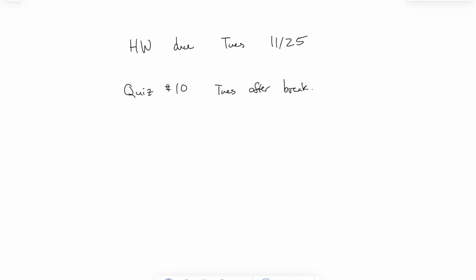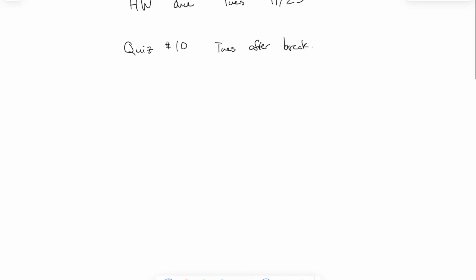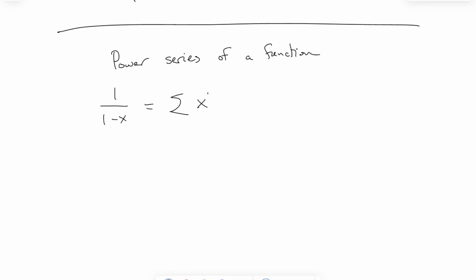Great. Let's talk some more about power series then. Last time we just sort of started this a little bit. We are talking about the power series of a function. And we started with one basic example, and that's this. 1 over 1 minus x has the power series of just the sum of x to the n, n equals 0 to infinity.